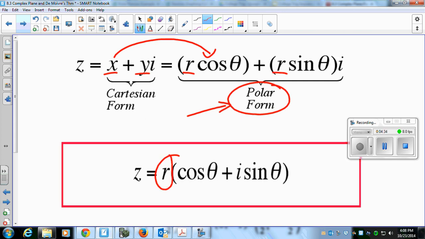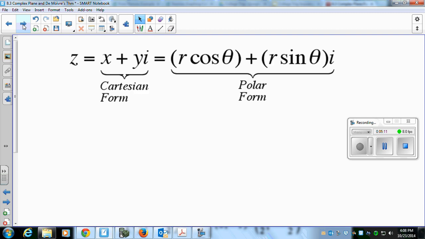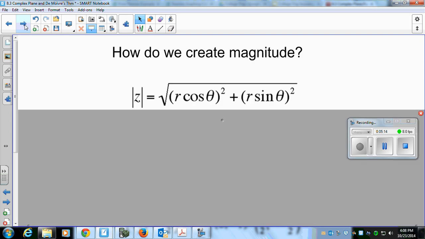And we see that a complex number in polar form looks like this, where R is our radius, or our z magnitude, and then cosine of theta plus i sine of theta, where this corresponds to your X, that's your Y. All right, so blending a lot of ideas here, graphing on an imaginary plane joined with graphing in polar form. So let's look at going in between the two forms.